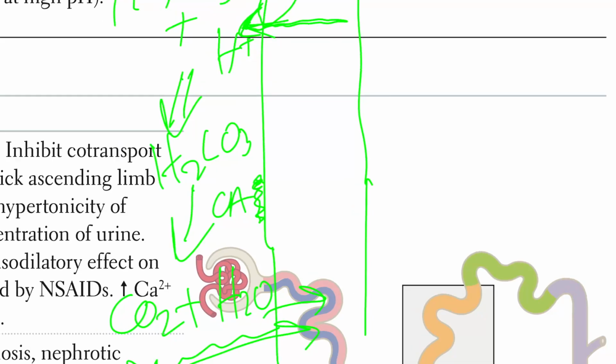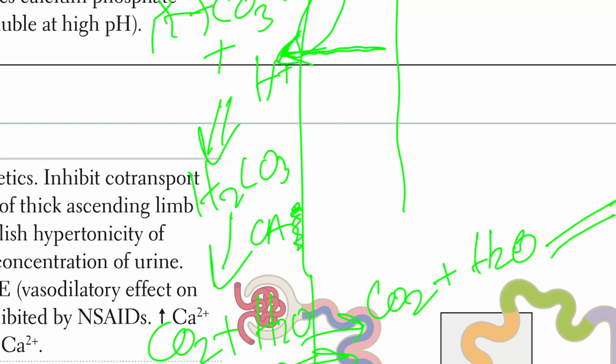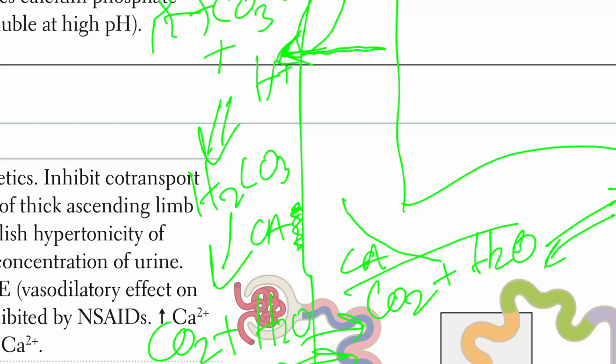So when it gets into these cells, this water can either go back to blood or can stay in the cells. And if it does stay in the cell, again we have this carbonic anhydrase enzyme that acts on this and makes it hydrogen ion and bicarb.